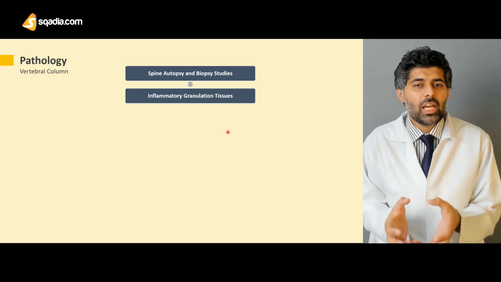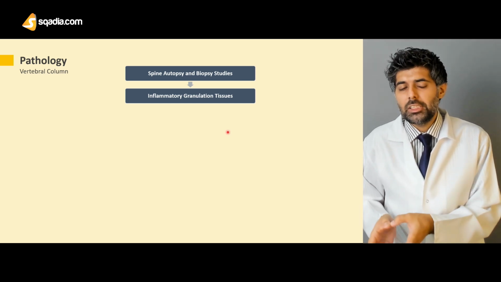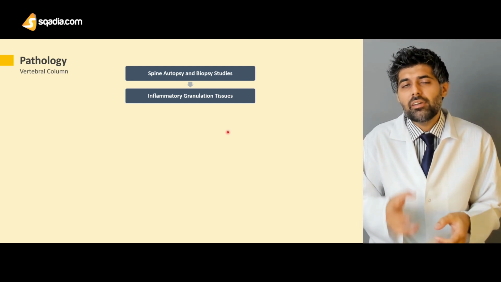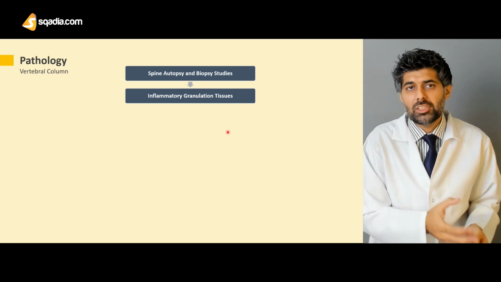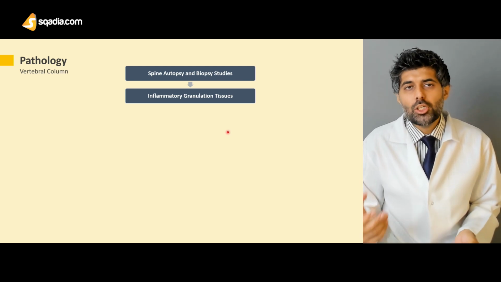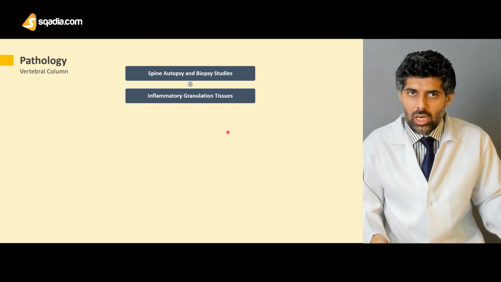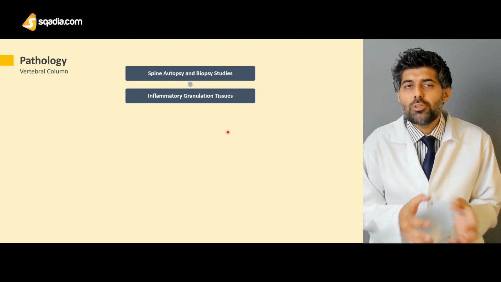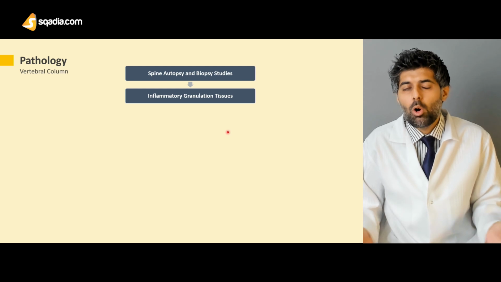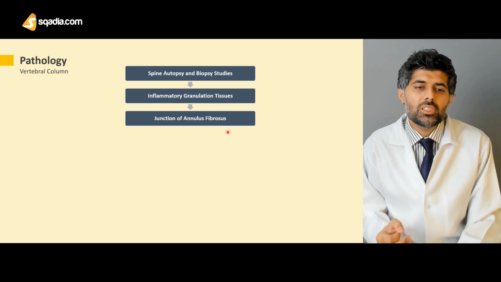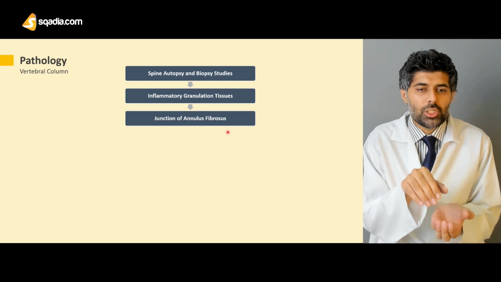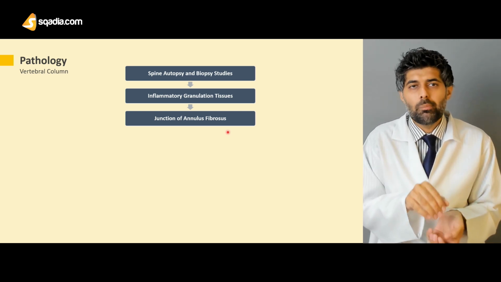Whenever we have done these studies, we have always found some kind of inflammatory granulation tissue at the site. And granulation tissue at an inflammatory site is usually a sign of increased inflammation. Now, this results in the junction of the annulus fibrosus.